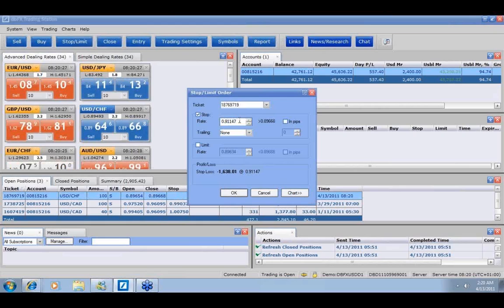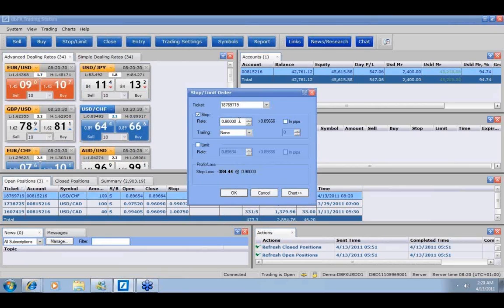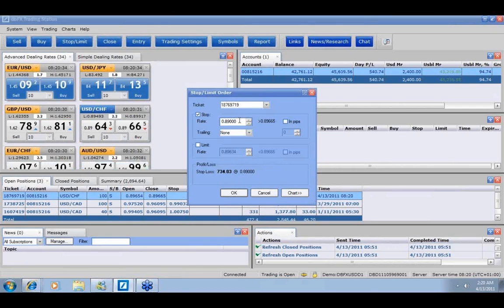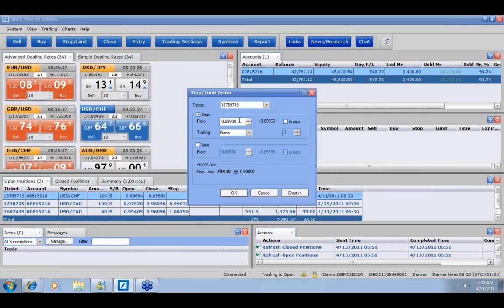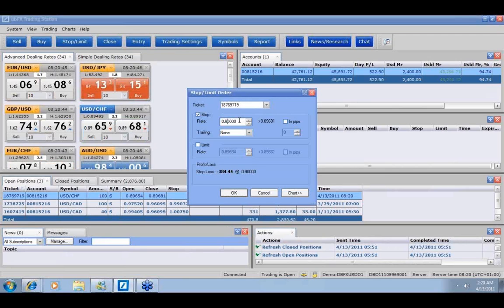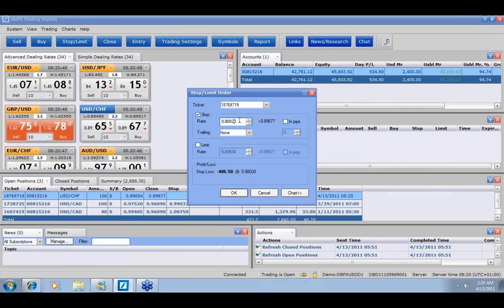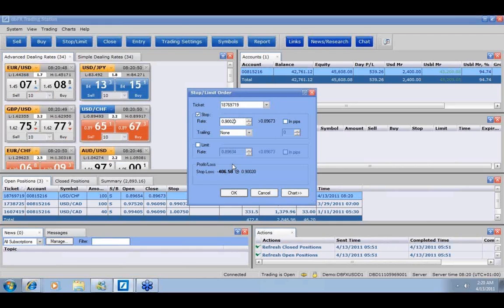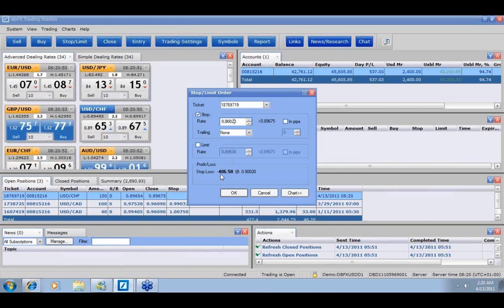and I'm changing my stop. For 89.90, I'd really almost like to go 10 basis points above it, 90.02, and then as you see, it does a very nice job of calculating a $406 stop loss.